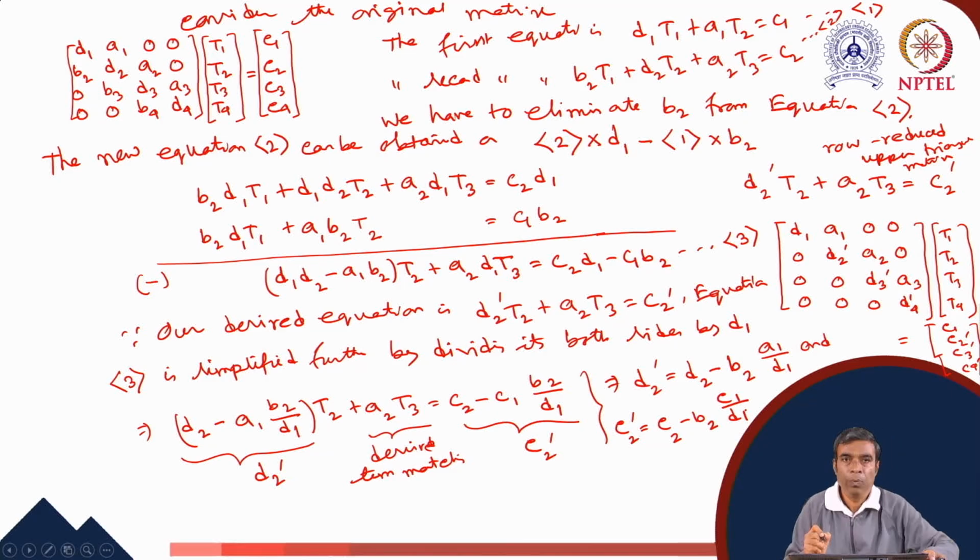So we got a recurrence relationship which can be used for conversion of the other diagonal terms and the right hand side vector terms.